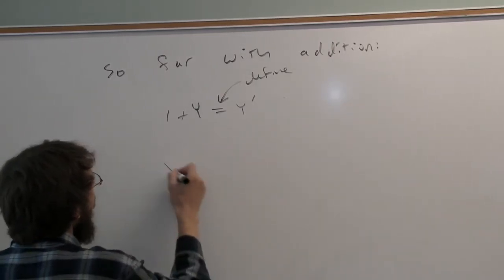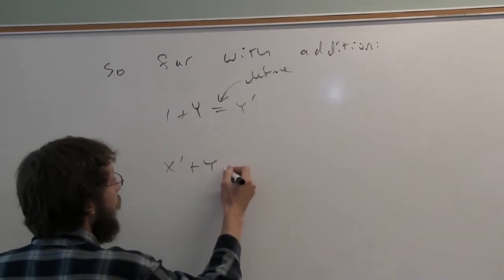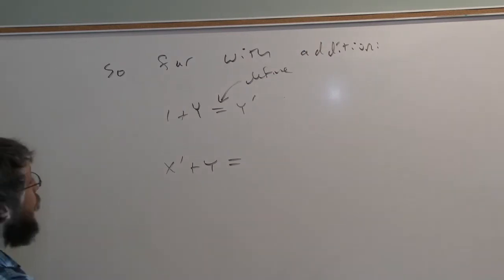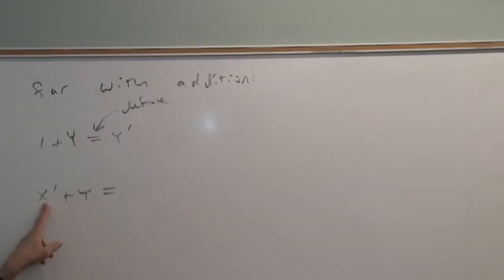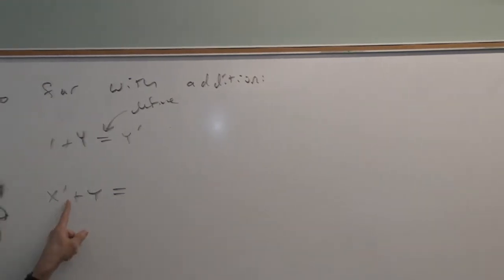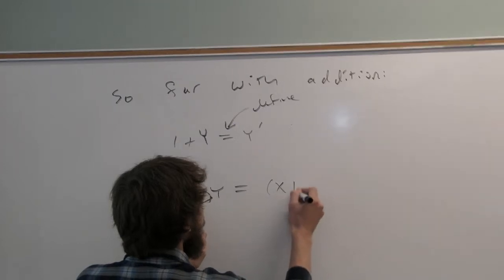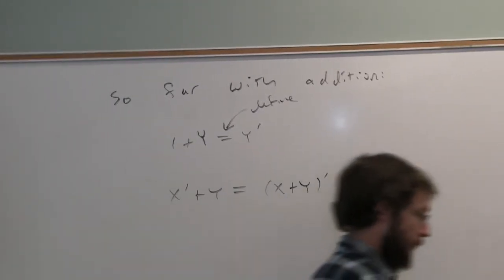Now we want to know, how do we take the successor to a number and add it to another number? We're not doing successor to a successor here. We're just saying let x be any number. Let's take the successor of that. So the way this is defined is by taking the sum of the two and taking the successor.